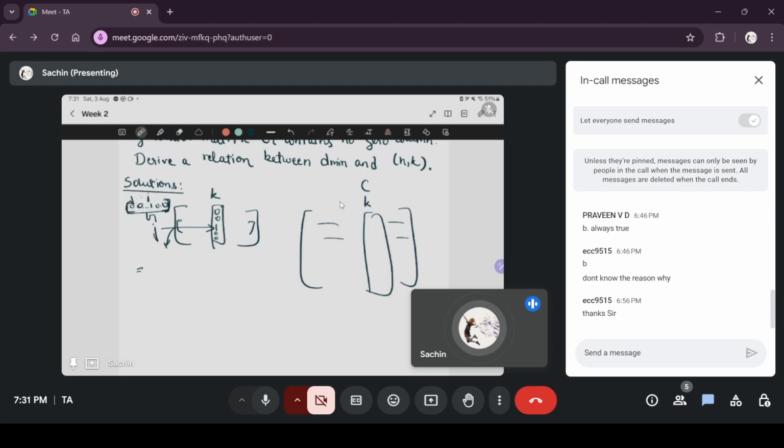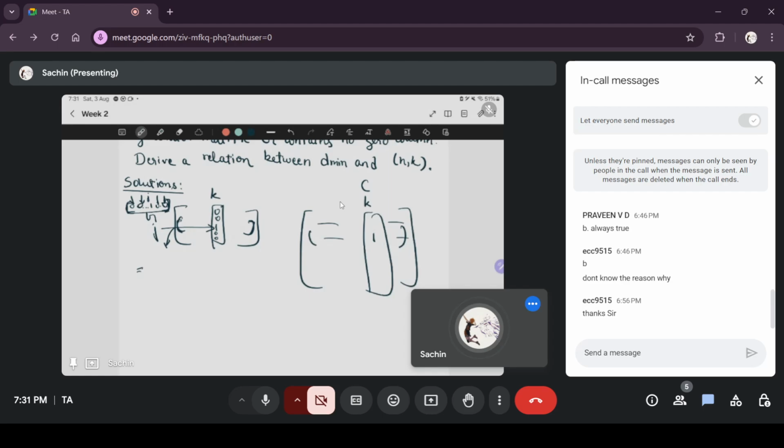So since there is a 0 in all these positions, the code word corresponding to this will be nothing but row j of this matrix, and that will be listed somewhere in this code array. So that means there is a 1 in the kth column wherever that code word is listed.